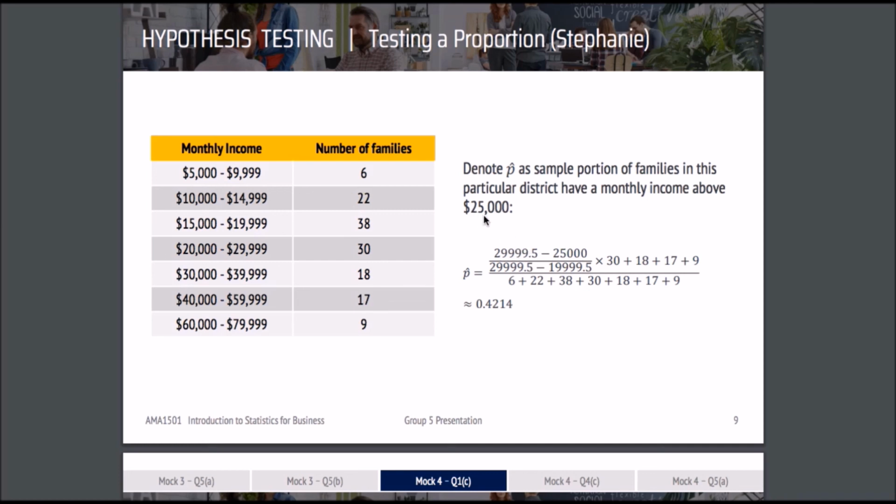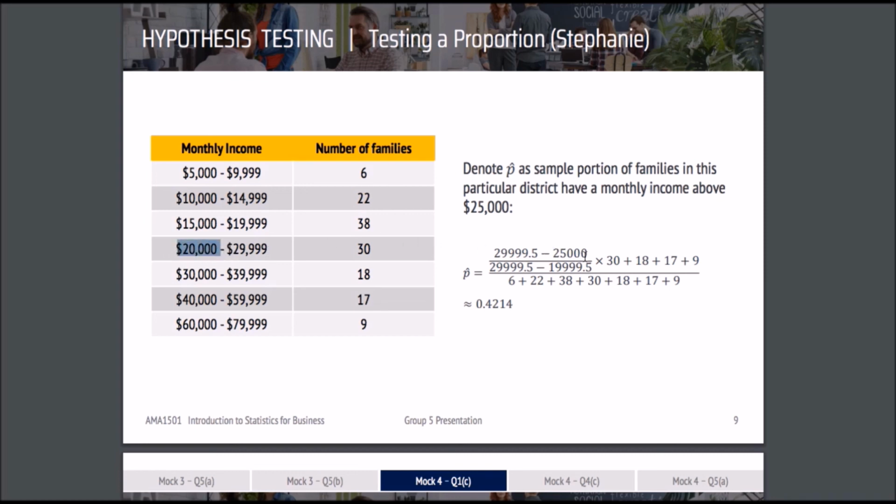Since $25,000 lies in this class, we use this class boundary minus $25,000, and then divide it over the whole range of the class, which is this minus this.